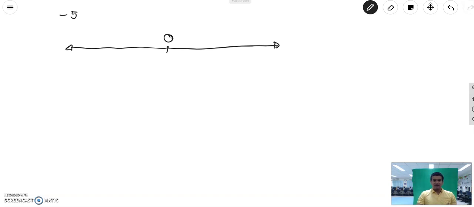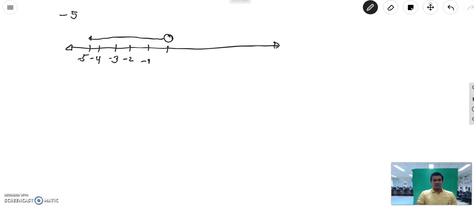This one is the origin, which is 0. Negative 1, 2, 3, 4, and 5. So this one will become negative 1, negative 2, negative 3, negative 4, and negative 5. So from 0, the line will go to negative 5.